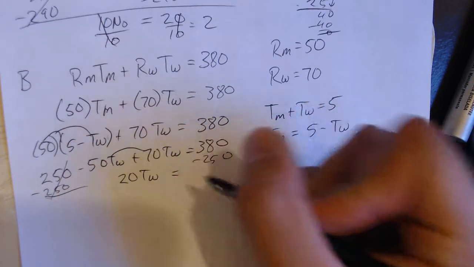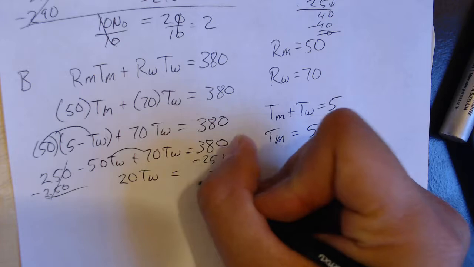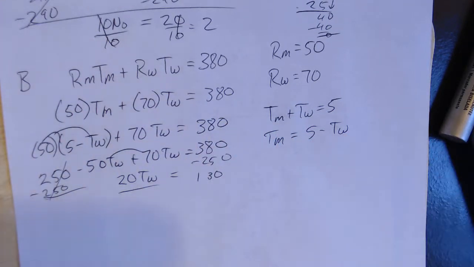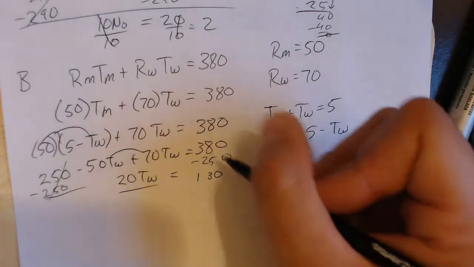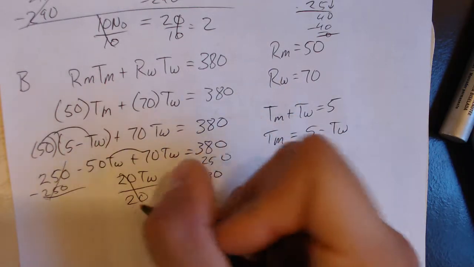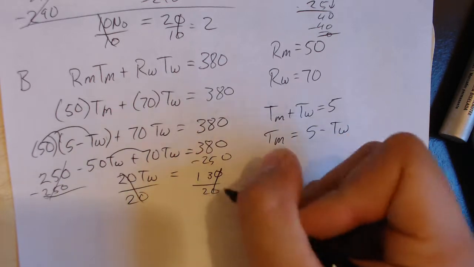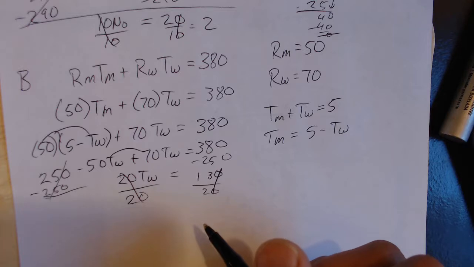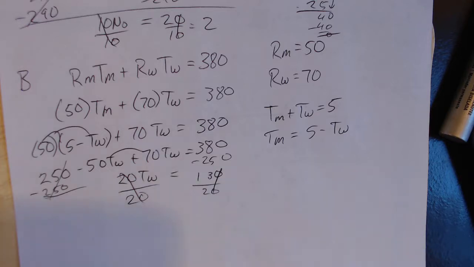So then I get 20 Tw is equal to 130. Wait, is that right? Hold on. Yep, 130. Divide each side by 20. And then I get Tw equals 13 over 2, or 6.5.